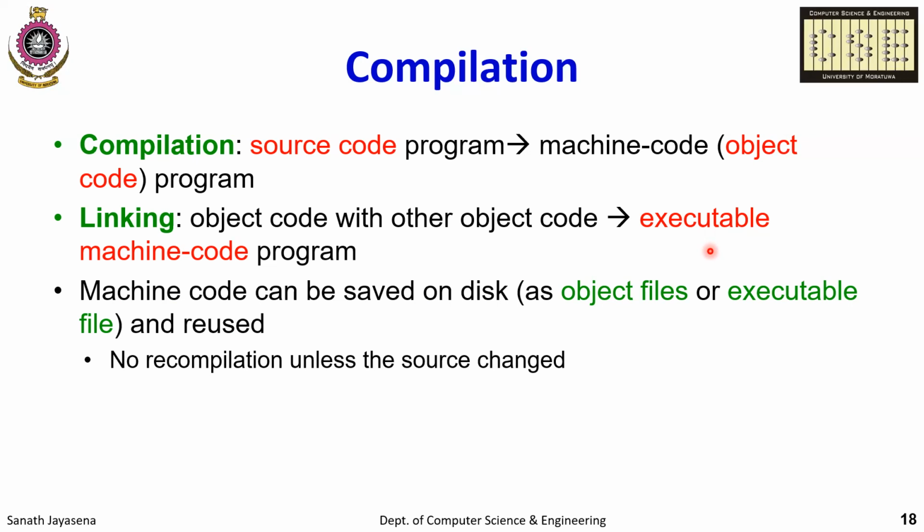Now, this gives an interesting situation where if I develop a program and, for whatever reason, I don't want to share my source code with others, but I am happy to share the executable, I can do that. Or if I want to just sell my software, I can simply sell only the machine code for interested people to buy.